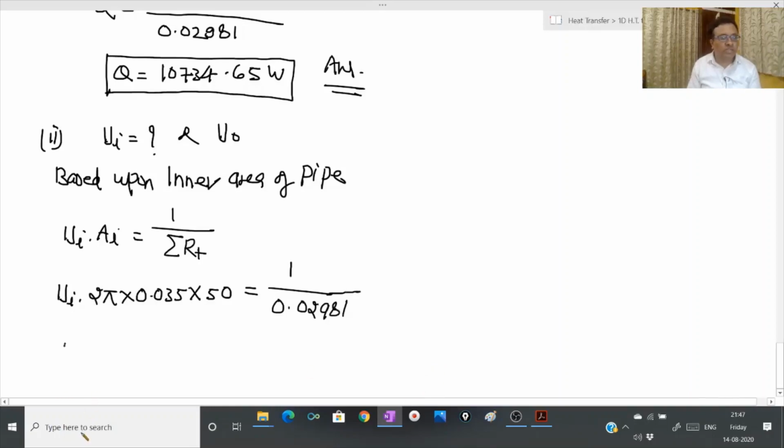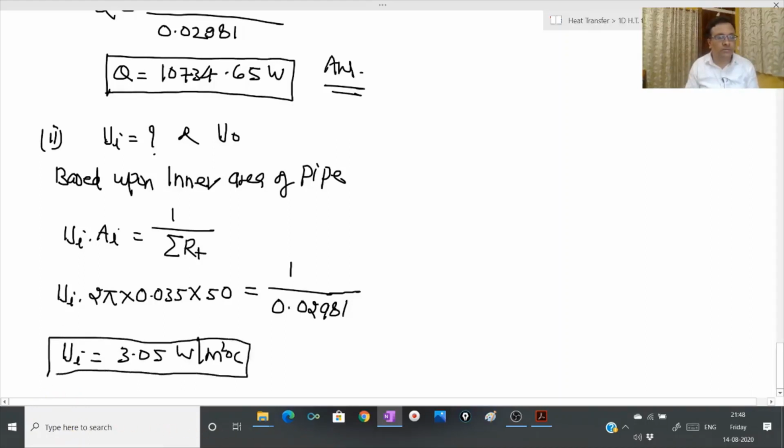So from this the value of UI comes out 0.5 watt per meter square degree Celsius will be the answer.